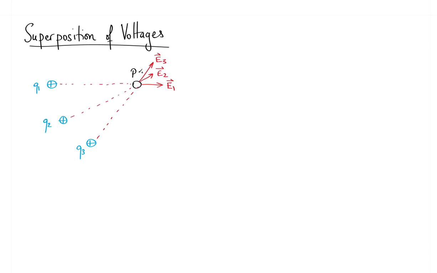So in that case, for the total electric field, if I was going to do a vector addition of these, I would add E1 plus E2 plus E3. So I might have a vector that looks something like this, this might be E total.